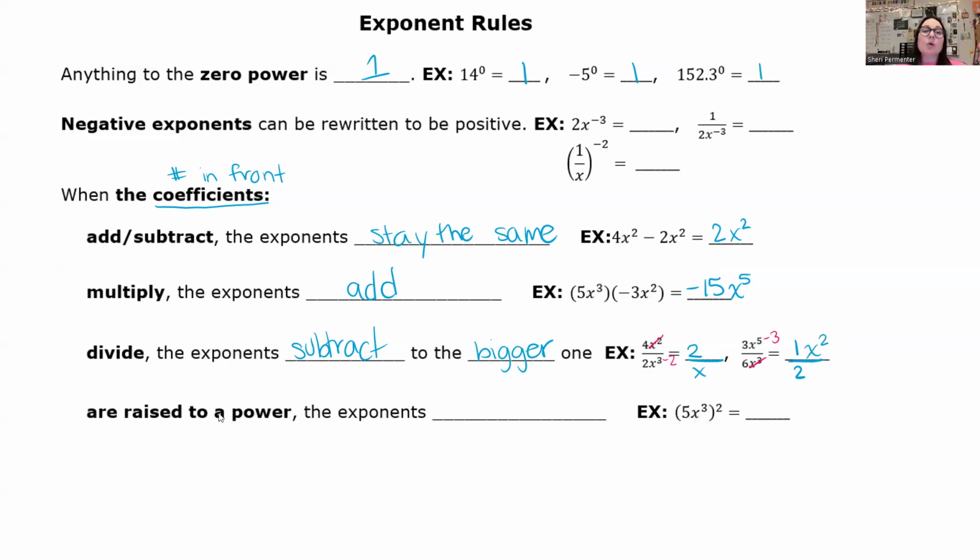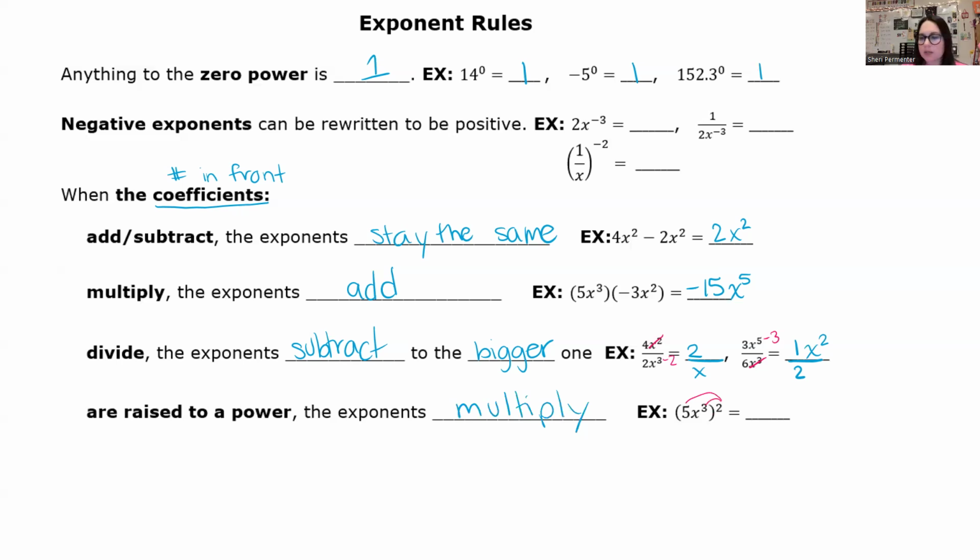When a coefficient or the number in front is raised to a power, the exponents are going to multiply. So what happens here is that this 2 on the outside distributes to everything inside. So it's going to go to the 5 and it's going to go to the 3.